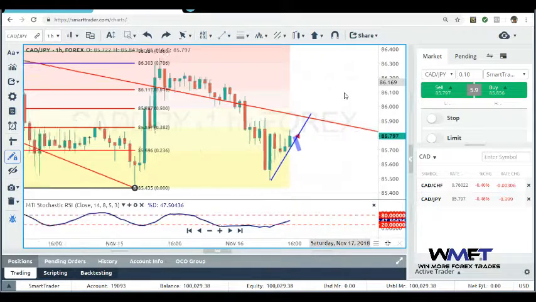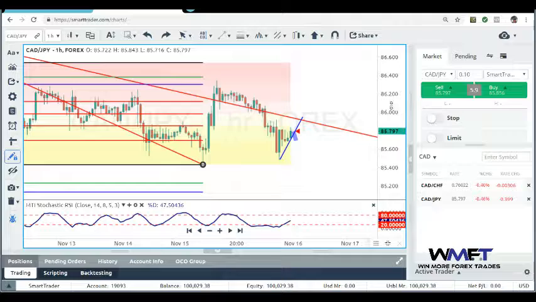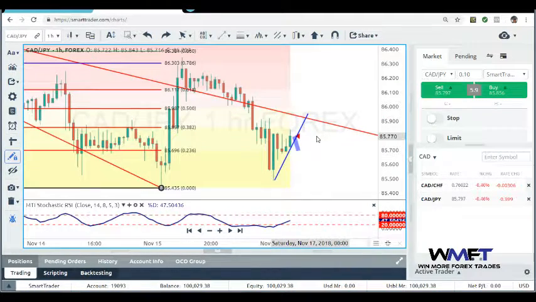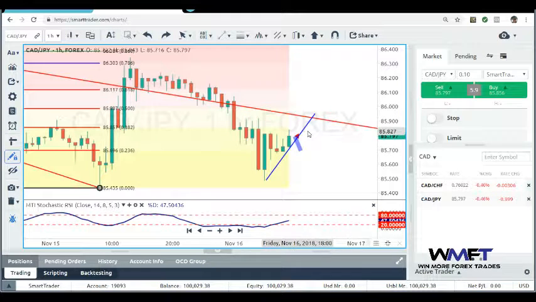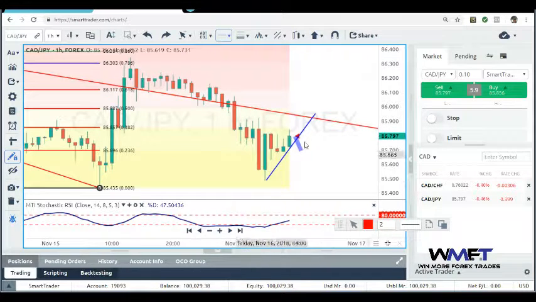And reset our stops. Our stops will go 10 pips above the highest point of when this trend line was broken. So 10 pips above where this uptrend line was broken.